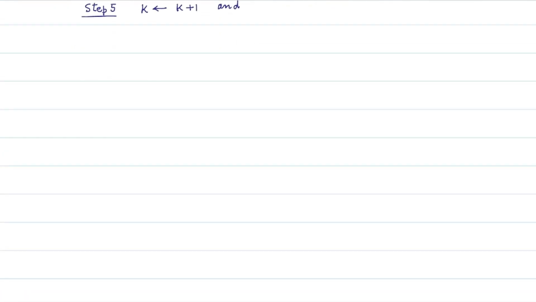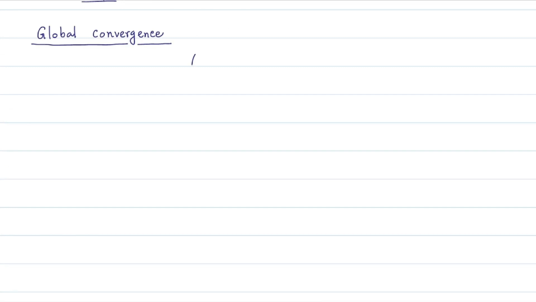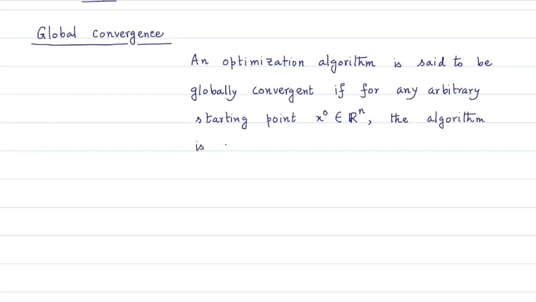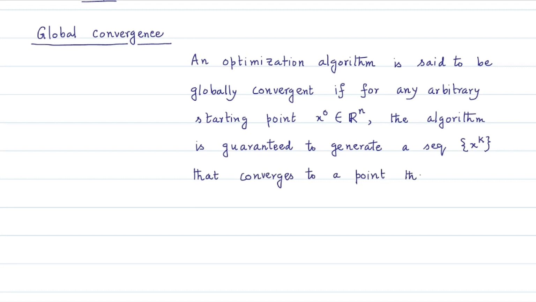By global convergence, we mean that an optimization algorithm is said to be globally convergent if for any arbitrary starting point x naught taken from the entire global region of the n-dimensional Euclidean space Rn, the algorithm is guaranteed to generate a sequence that converges to a point that satisfies the first order necessary optimality condition.